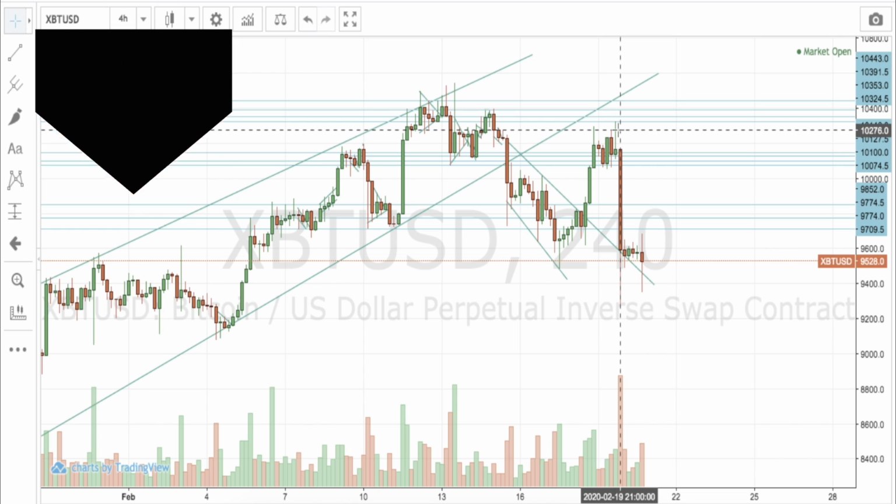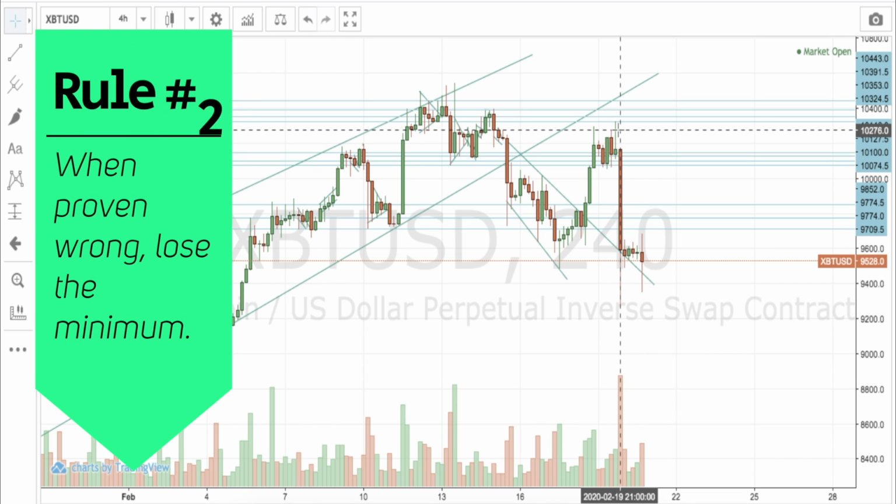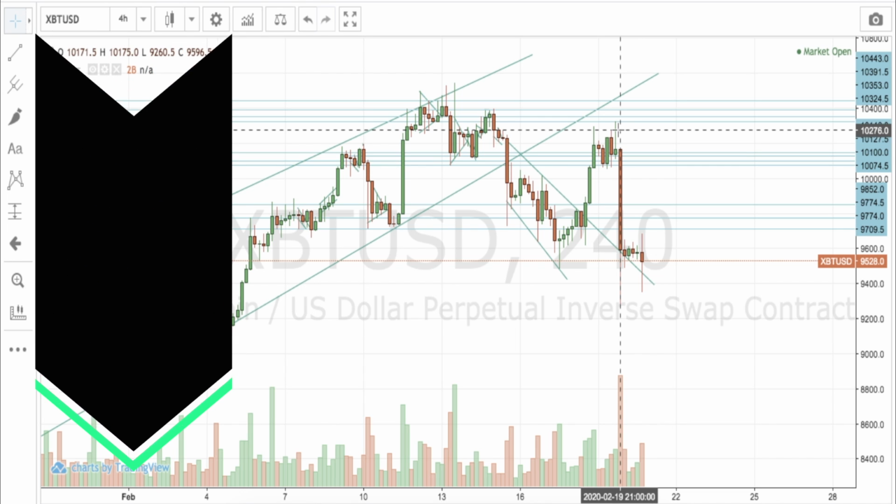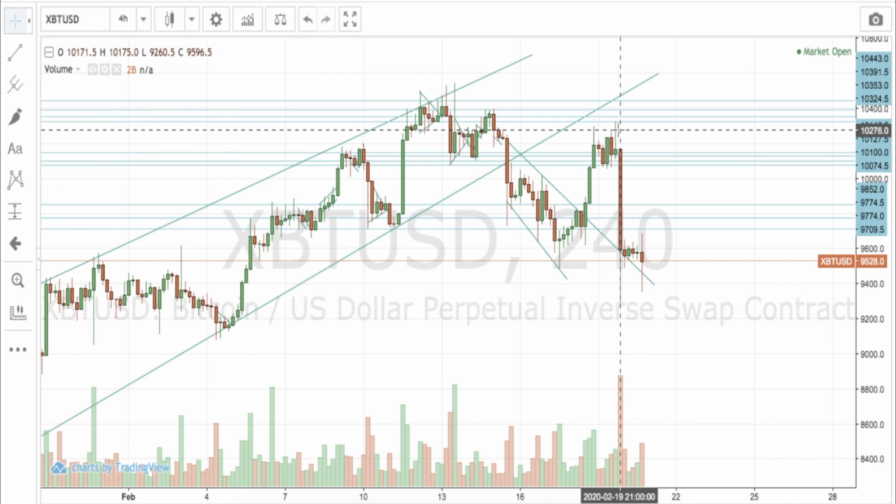Once you've been proven wrong, there's no point in hanging in there and losing more and more money. You should just close your trade and minimize your losses. The flip side is that you want to have a good idea of when you have been proven wrong somewhat definitively, because otherwise you may risk closing a good trade too early.